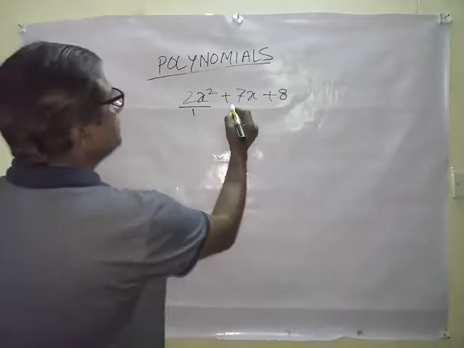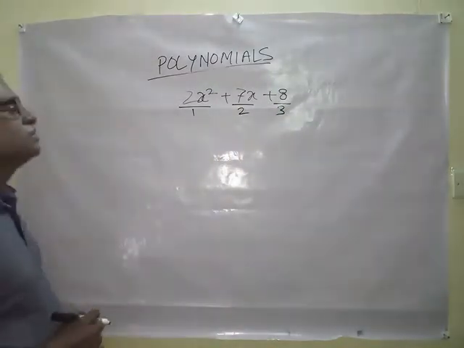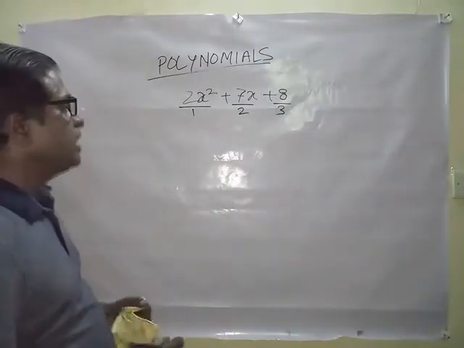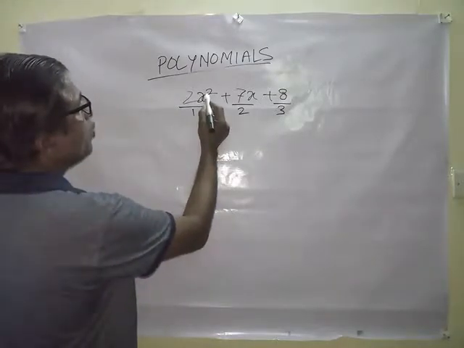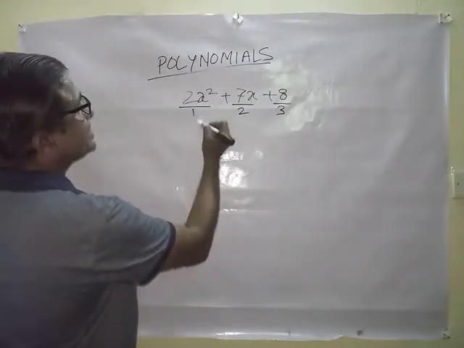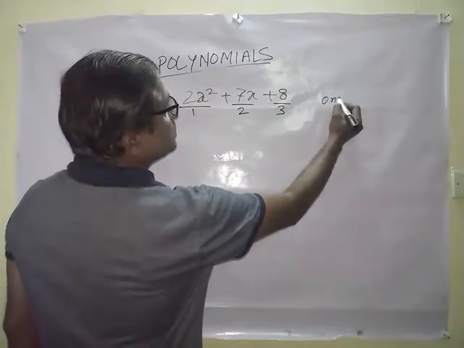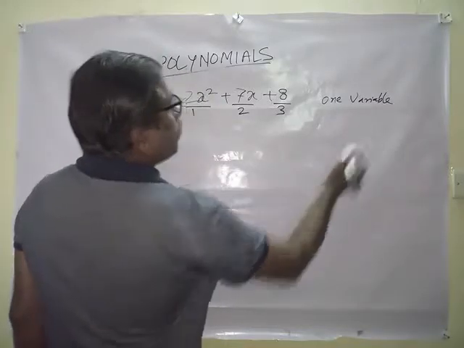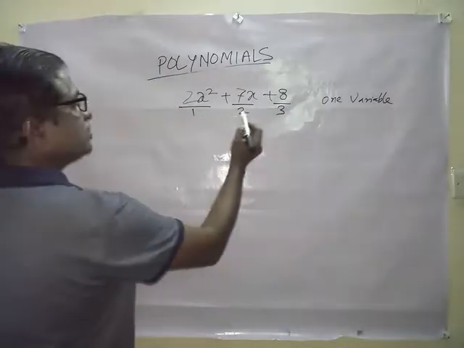That is number 1, number 2, number 3. So that is what is called the term. It is similar to the algebraic equation. Now since there is only one variable here, x, this is a one variable polynomial equation with 3 terms.